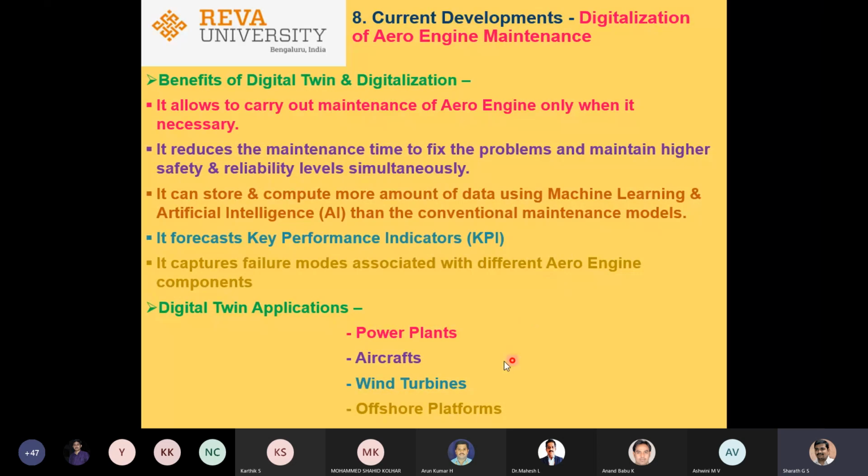We all know the advancements that are going on in the automotive side also. So it can be applied to wind turbines, offshore platforms where we produce oil and gas. So this has multiple advantages.